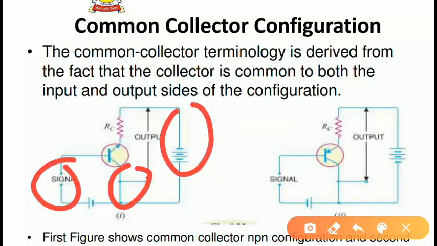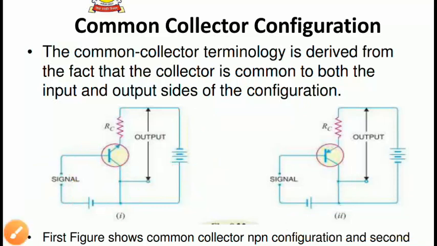So this is the NPN configuration and this is a PNP configuration, and the collector is connected in both diagrams as a common terminal for both input and output. This is the common collector terminology, derived from the fact that the collector is common to both input and output side of the configuration.